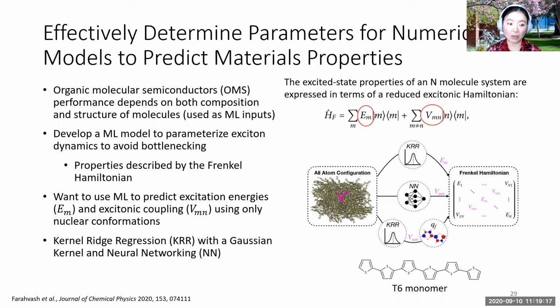One is kernel ridge regression, KRR, with the Gaussian kernel, and the other is a neural network, NN. They use these two models to predict two important properties. One is the excitation energy, and the other is excitonic couplings. Once we get those two parameters, we can derive the Frenkel Hamiltonian from the Hankel Hamiltonians, and then we can extract some excited state properties of the system.